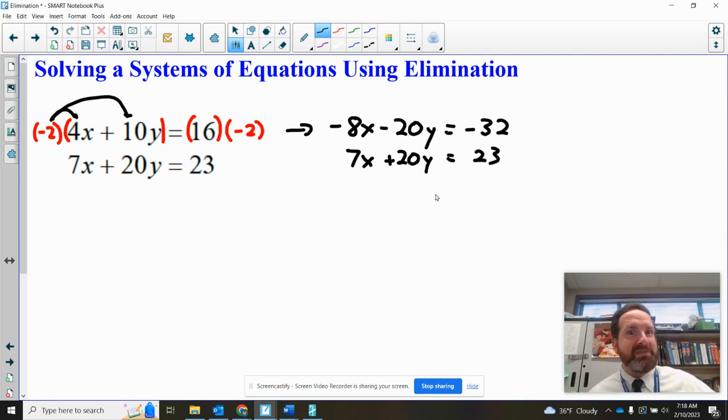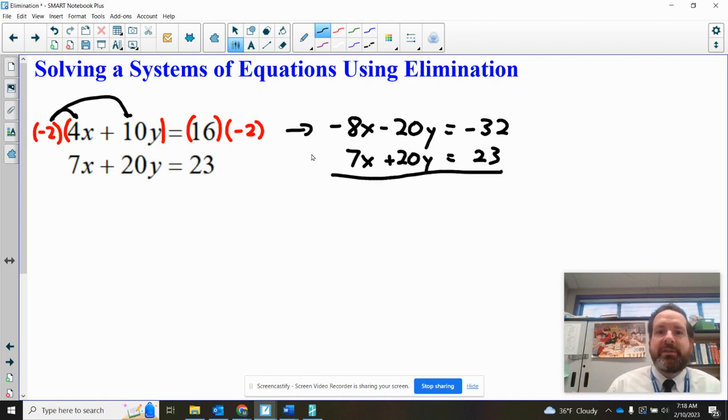We're now going to take advantage of the fact, again, that this equation is just numbers. Even though it looks like some variables are there, they represent numbers, and numbers can be added. Let's take these two equations and add them up. -8x's plus 7x's, well, that's -1x's. -20y plus 20y is 0 y's.